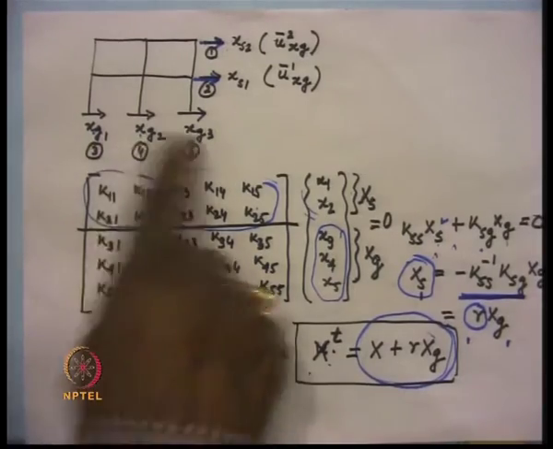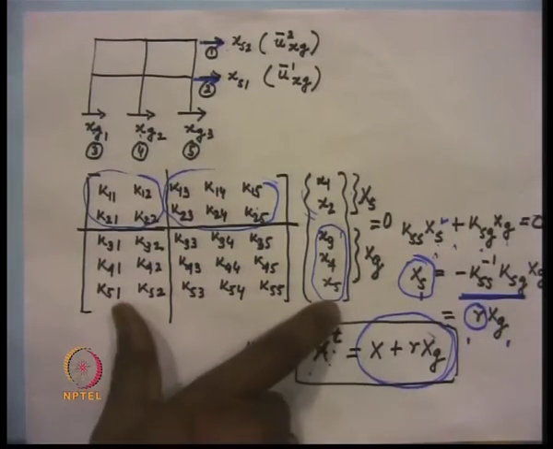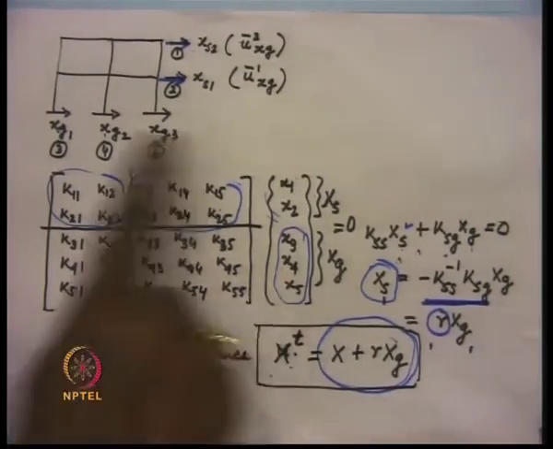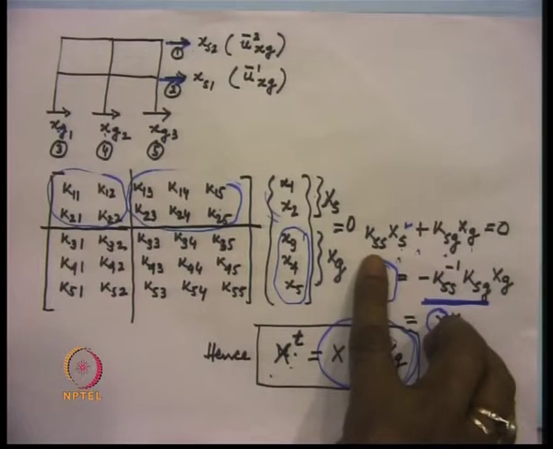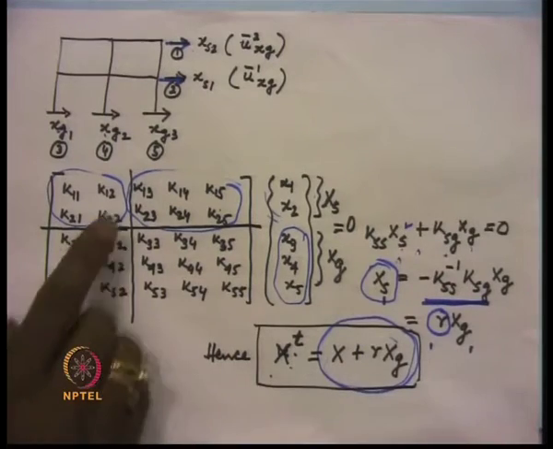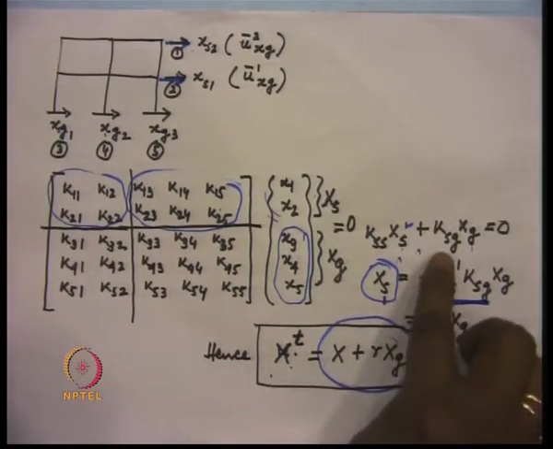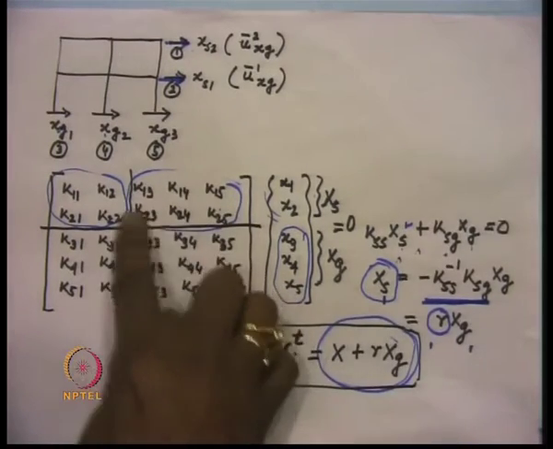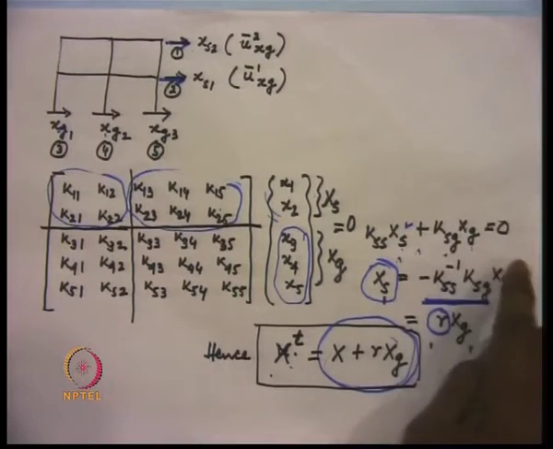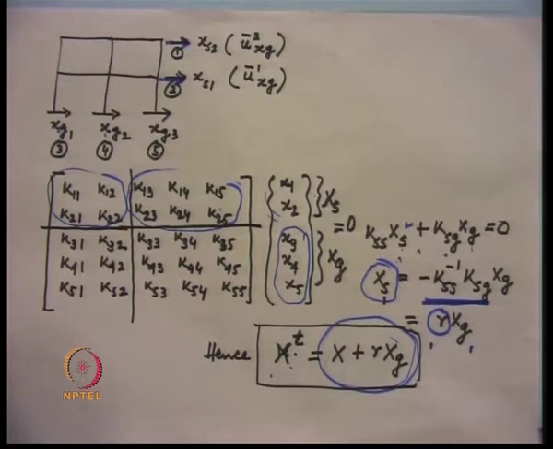If we consider this partition matrix, then one can write down kss into xx, where kss is this matrix and ksg is this matrix multiplied by xg, that should be equal to 0.